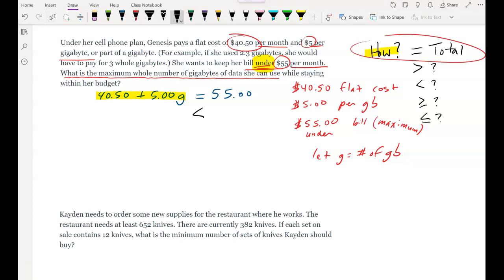So whatever happens on this side has to be less than $55. Now, can it be exactly $55? Can it be less than or equal to? Well, in this case it can't, because it says she wants the bill to be under, not $55 or more or $55 or less. It has to be under. That means less than $55.